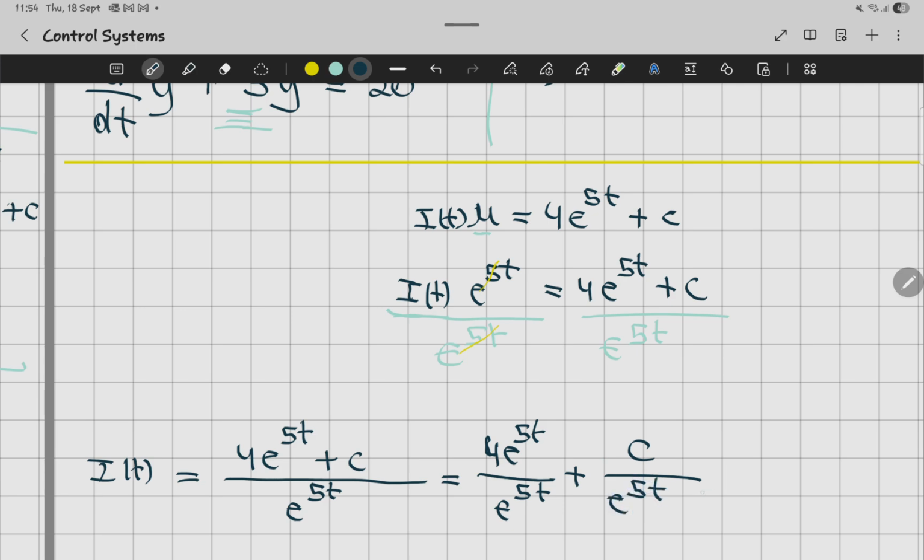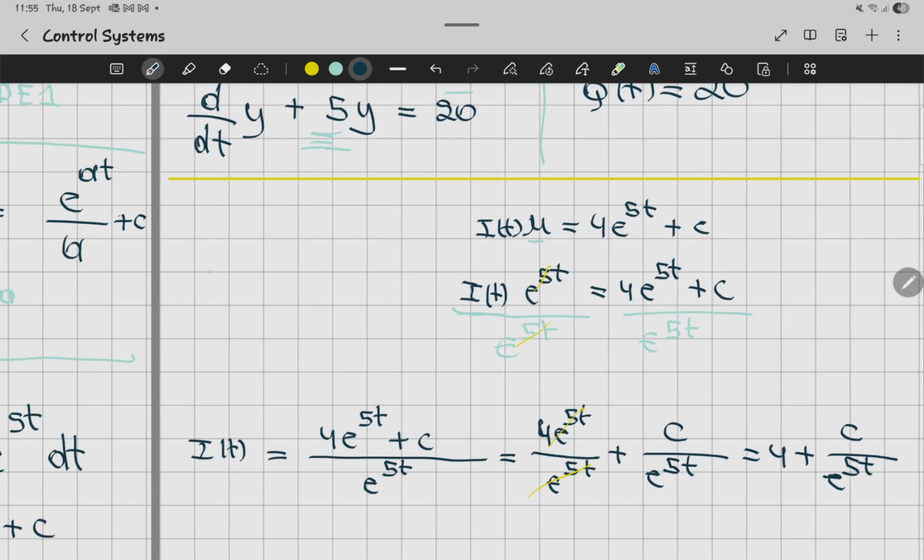Okay, and then you can see that these two will cancel out. Okay, so we're going to remain with 4 plus c e^{5t}. Okay, and then we have these rules in math.